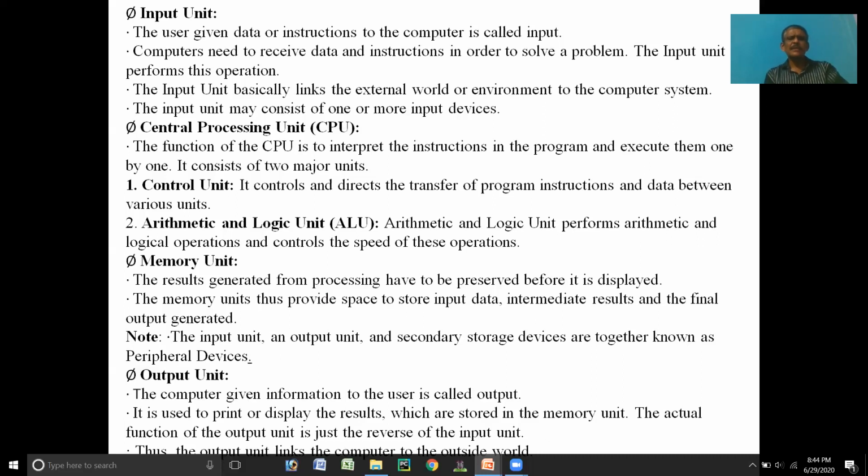The standard output device is the monitor, and some of the output devices are printers, plotters, even the speakers. This is all about the block diagram of a computer.